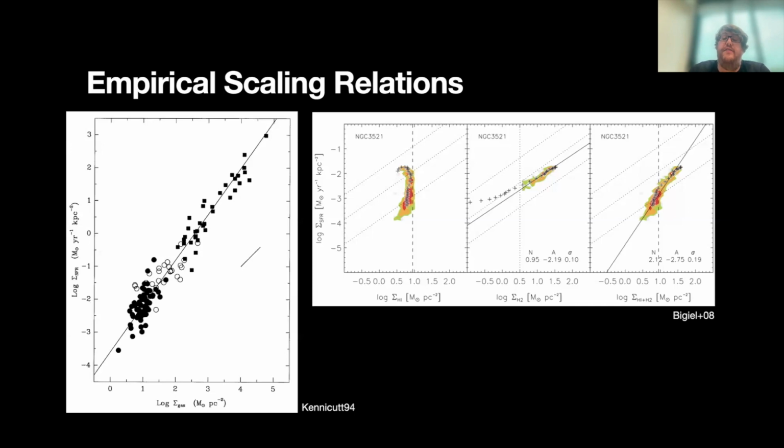But as you combine these together, you do start to see this Kennicutt-Schmidt relation bearing out, which tells us straight away that there's something not quite right with these empirical scaling relations. We can't use them to explain the gas that's actively involved within star formation.